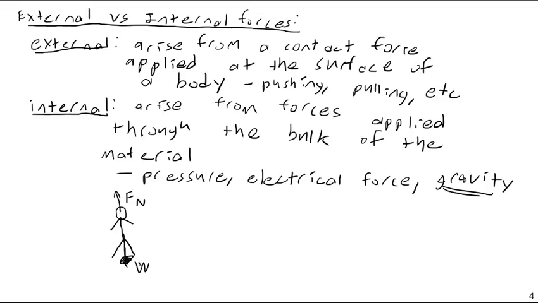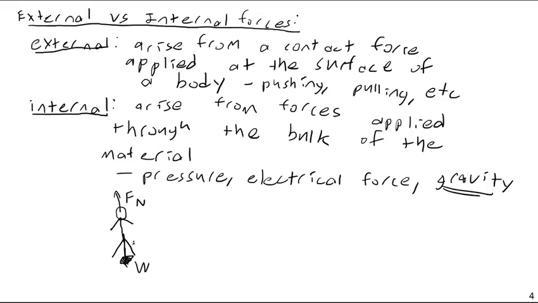When I draw the gravity vector here, what I'm really saying is this is the vector sum of quadrillions upon quintillions of individual gravitational attractions. Every single atom, proton, and neutron in this person's body, or in whatever object I am modeling, is being pulled by an individual tiny force vector to every other proton, neutron, and electron of the entire bulk of the Earth, and in fact every atom in the universe.